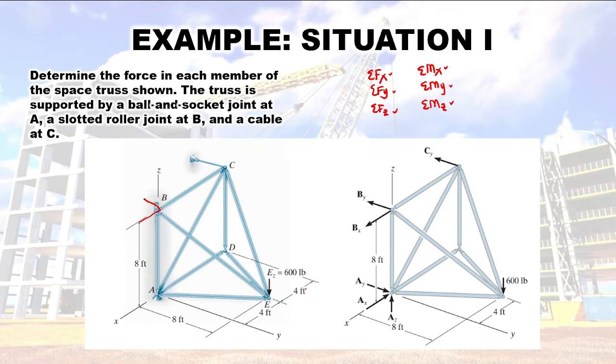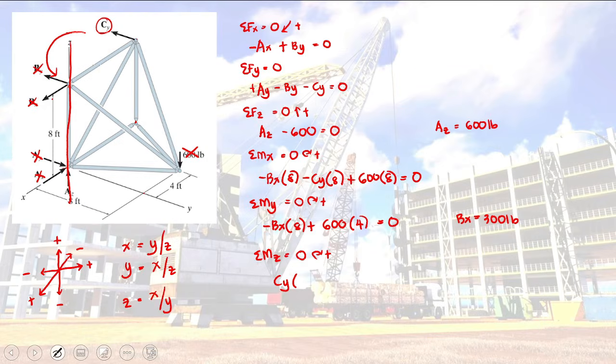So 4 feet plus 4 feet, that is 8. So our moment arm here is 8. Then, we don't have any loads that would rotate. Yung AZ natin would also not rotate. Okay, so therefore, this is just equal to 0. So, na-solve na natin yung CY natin is equal to 0.